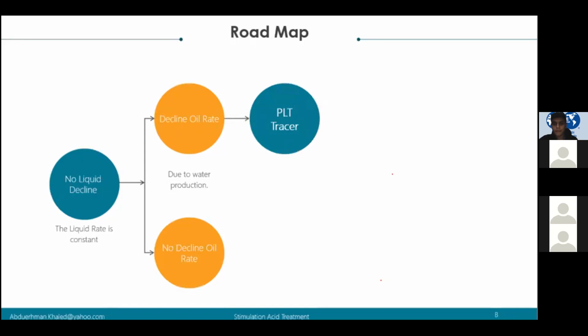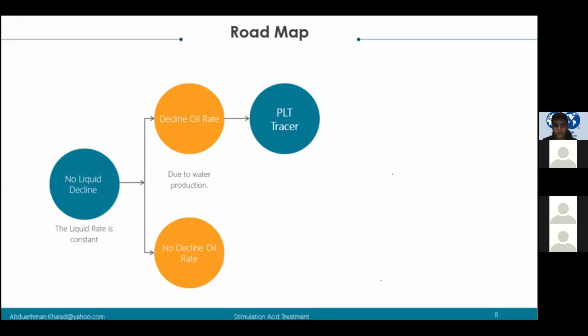For example, production logging tools can show the contribution of the produced fluids from each interval. That helps you identify the intervals that produce water and the intervals that only produce oil. It helps you diagnose your issue.